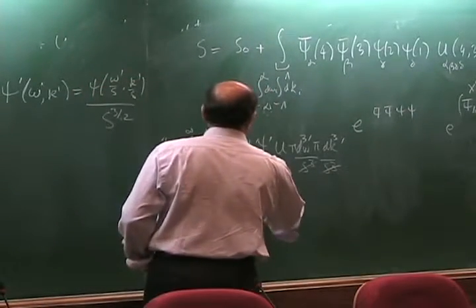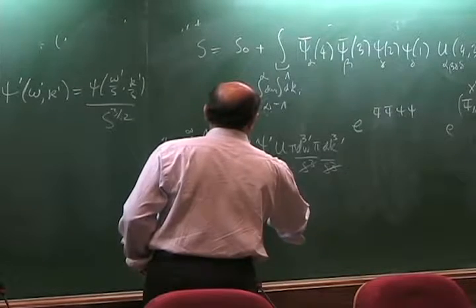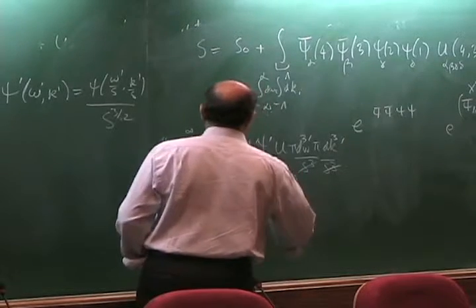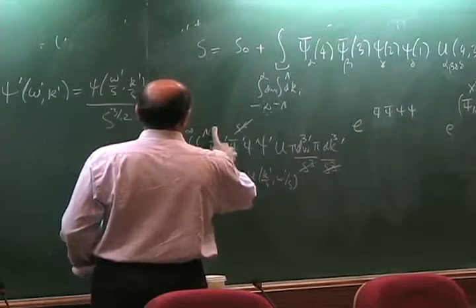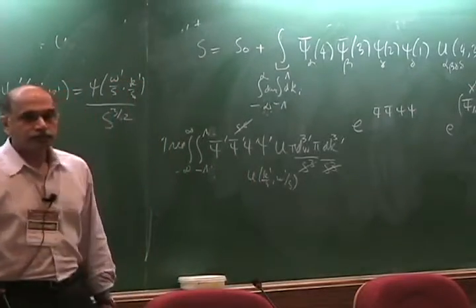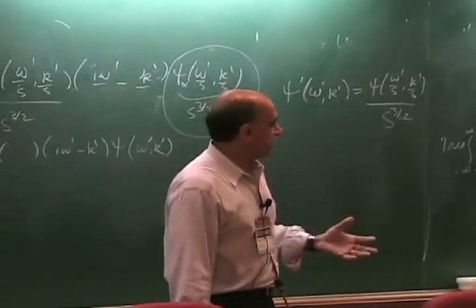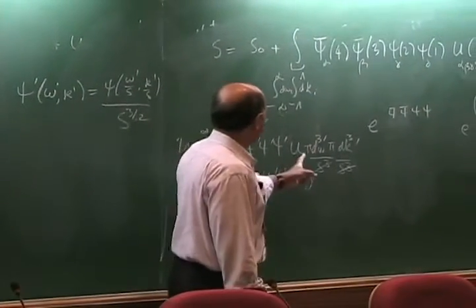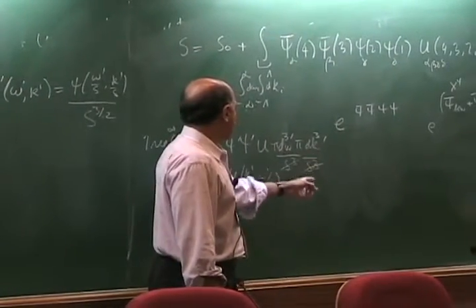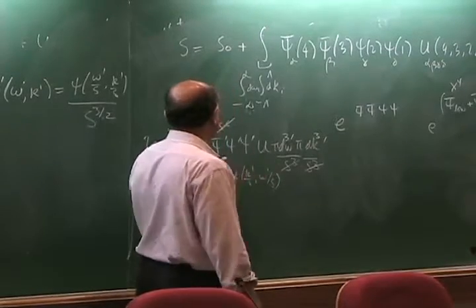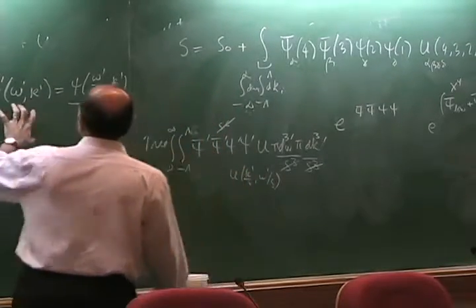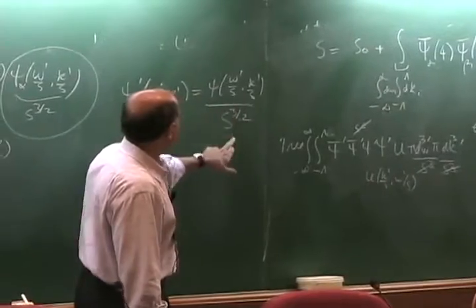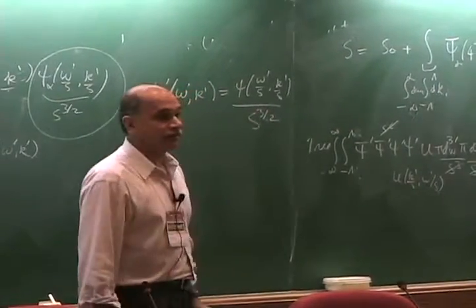This U would have become U of K prime over S, omega prime over S. The cutoff will now be minus lambda to lambda, because if you do the rescaling, the cutoff will come back to the old value. And the powers of S you get from rewriting omega and K in terms of the new omega and K are precisely cancelled by the ratio of the fields. See, every S to the minus 1/2 can be absorbed to find a new field.